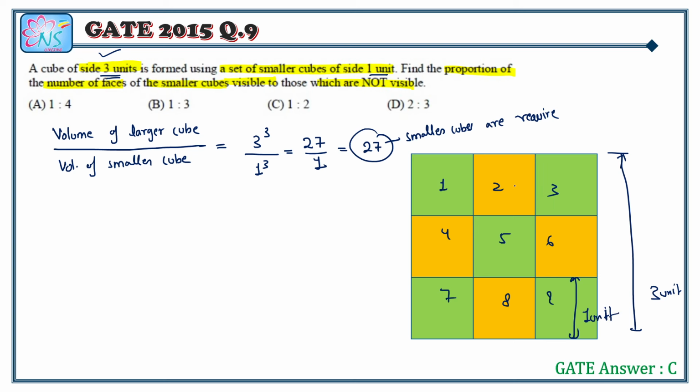So 1, 2, 3 to make a total of 3 units on this side. Again 3 units for this side, because all sides of the cube are the same. So that means a total of 9 cubes are required on one face.